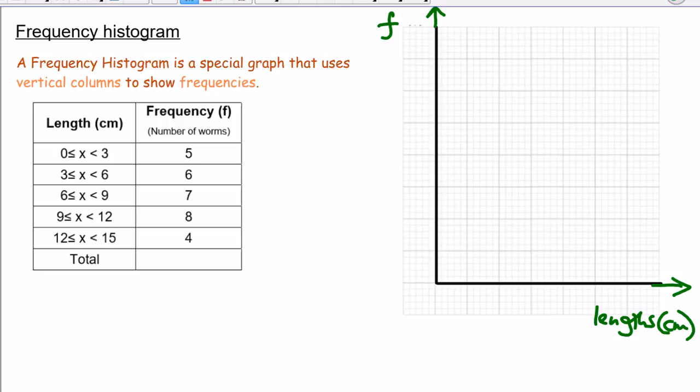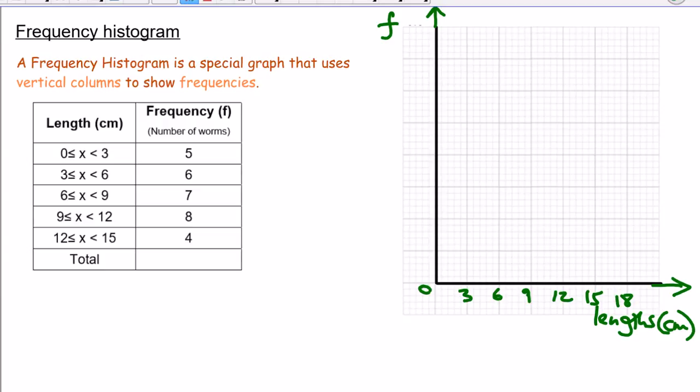Okay, so here we'll have 0, 3, 6, 9, 12, 15, and 18.